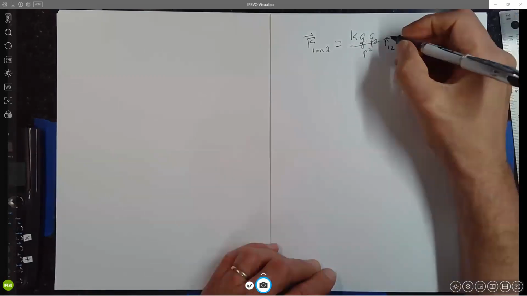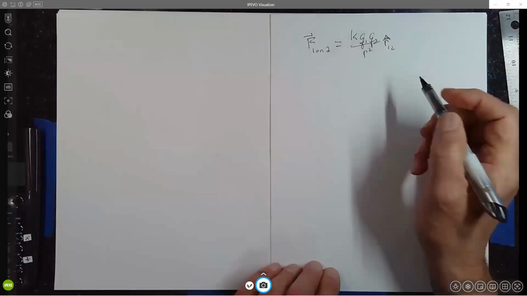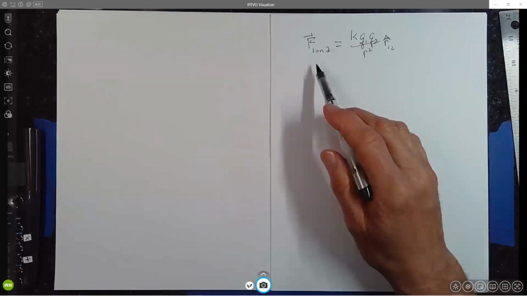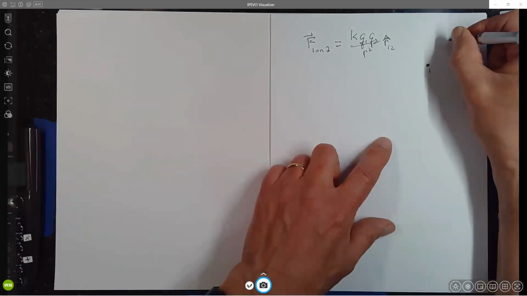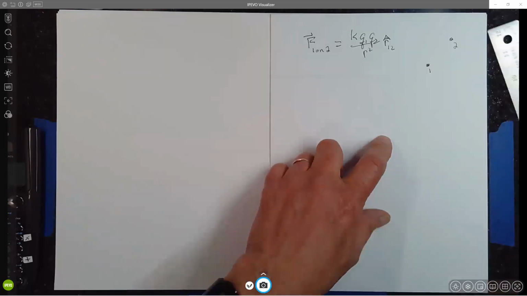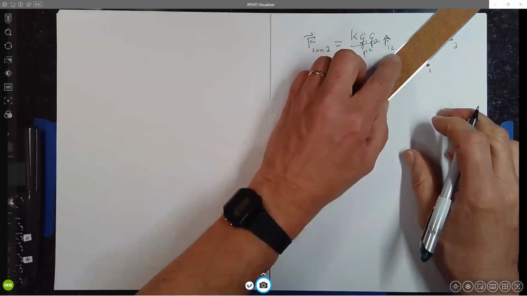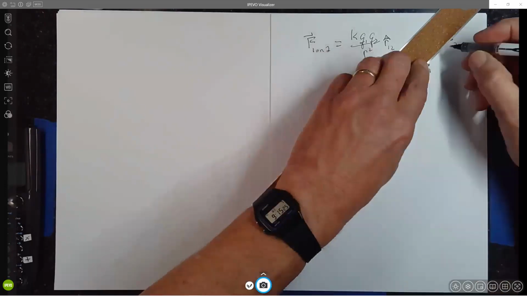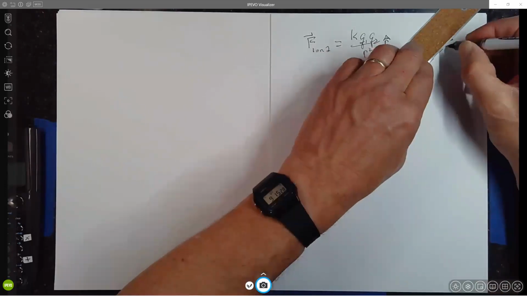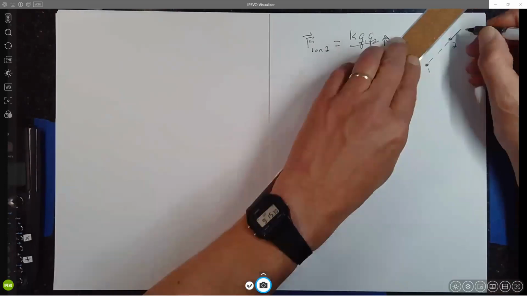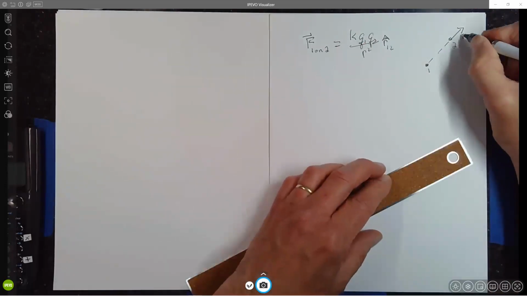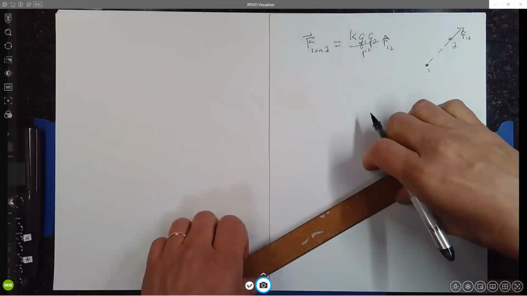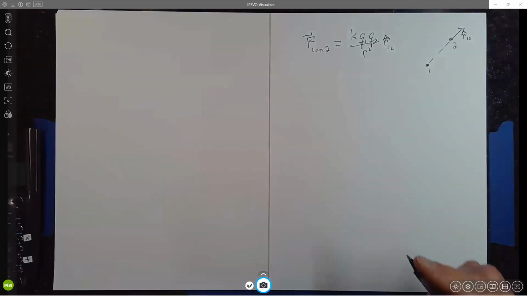This is going to be a unit vector that points from particle 1 to particle 2. And so picture-wise, if here's where particle 1 is, and here's where particle 2 is, then along a line connecting 1 and 2, that's where r12 hat is going to point. And so that's what you'd have for a single particle.